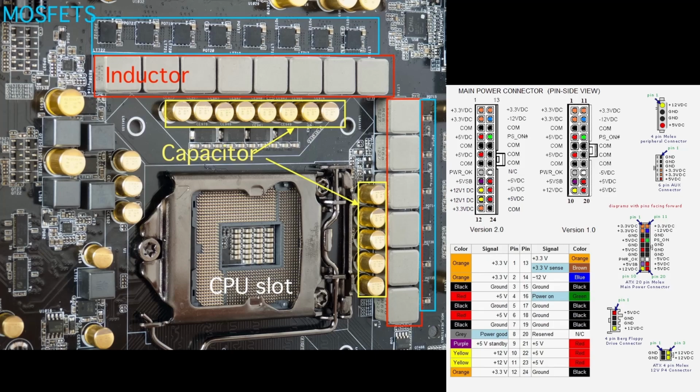So what this inductor does is serve as a choke and remove additional noise within your power signal to the CPU. With these mechanisms, it ensures that the CPU gets adequate power and functions correctly.